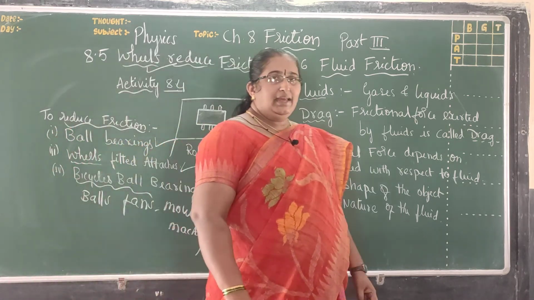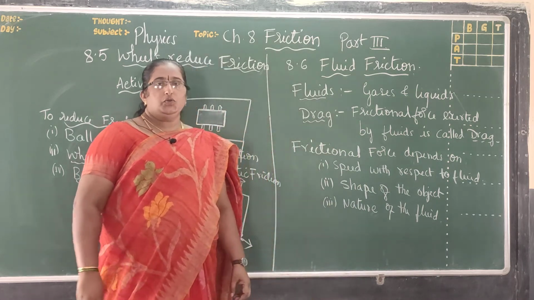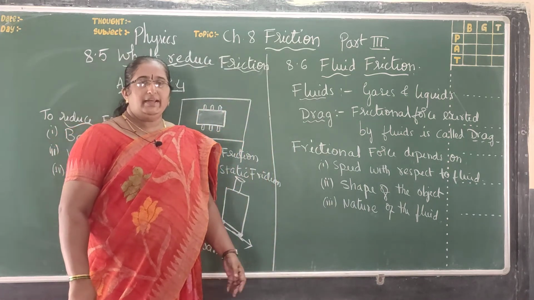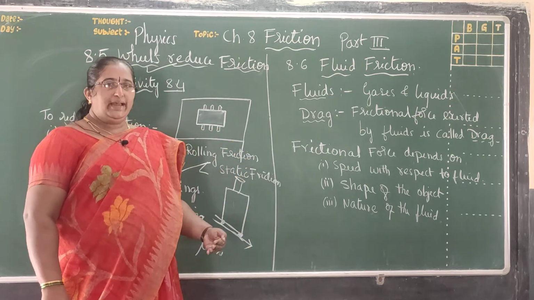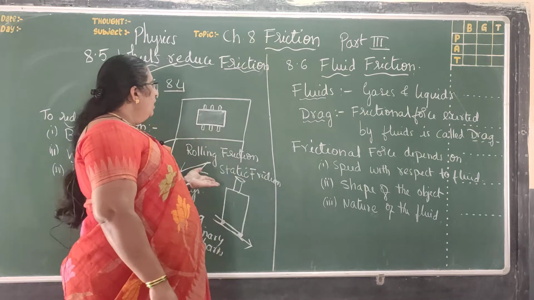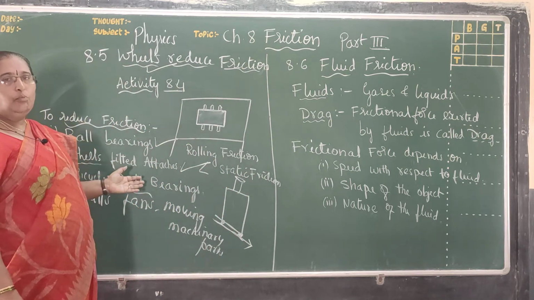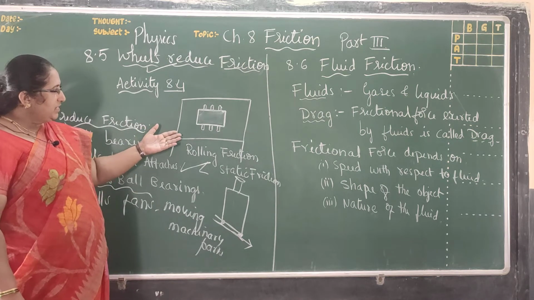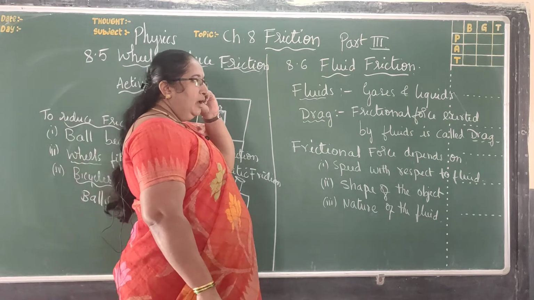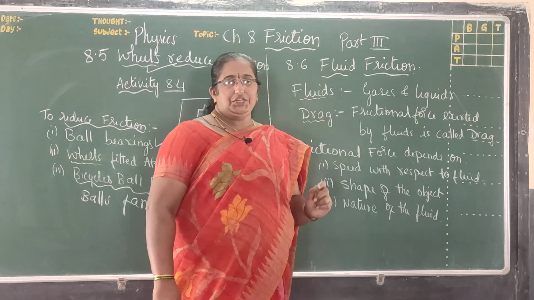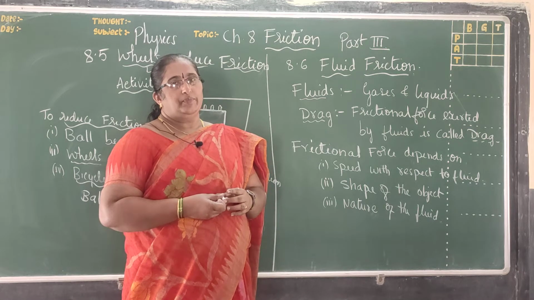Friction is necessary, but it is an evil too. More friction will oppose the motion of the body. To reduce that, we can adopt the method of attaching wheels, ball bearings, or making an object roll. We can reduce friction. You might have seen huge ships or boats, or the fishermen's boats on the seashore.